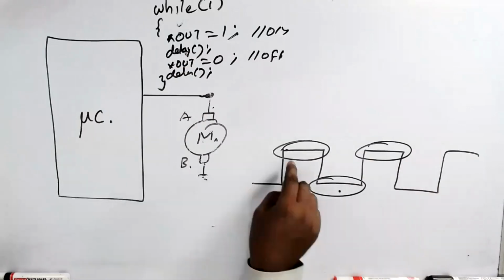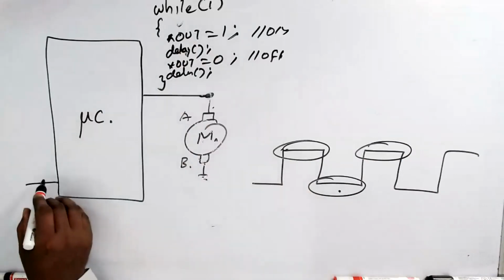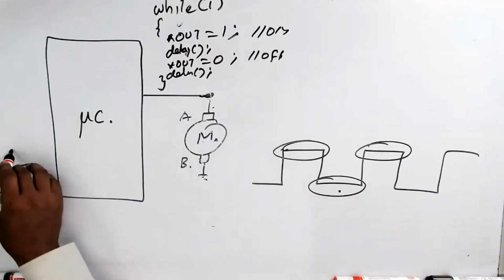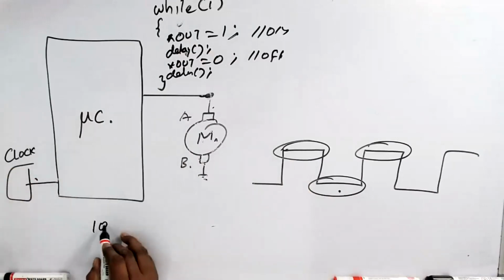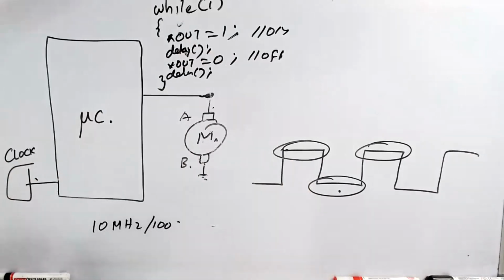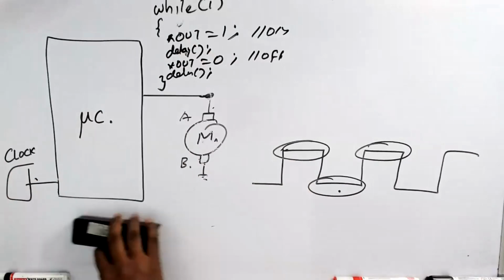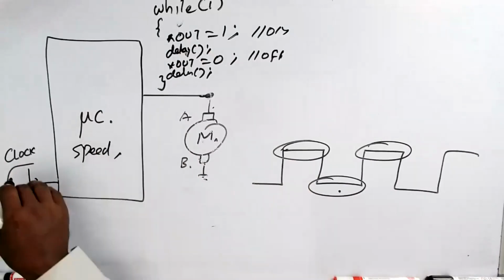This time depends on so many factors. What is the clock of the microcontroller? The clock could be 10 megahertz or 100 megahertz, whatever it is. So the microcontroller speed is based on the clock.